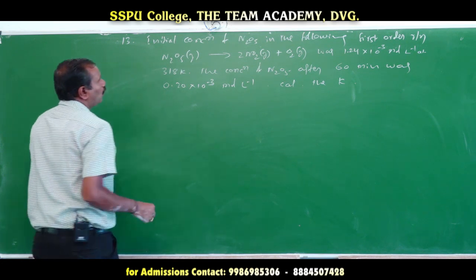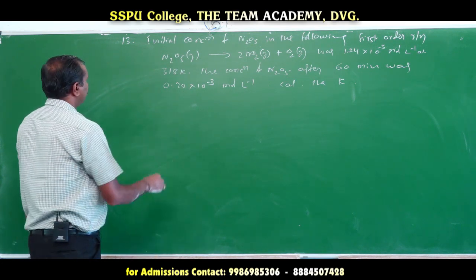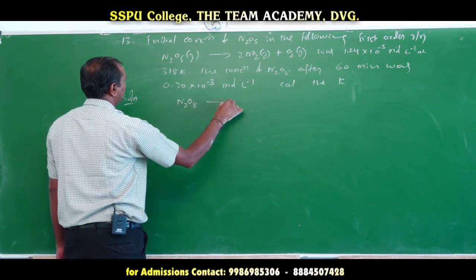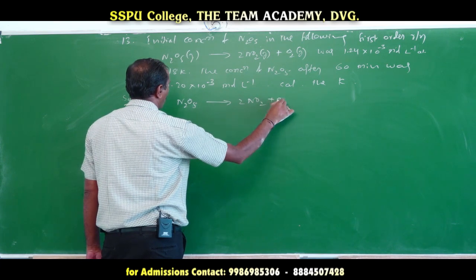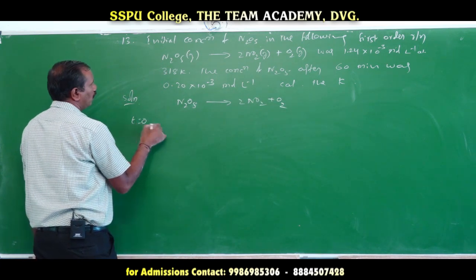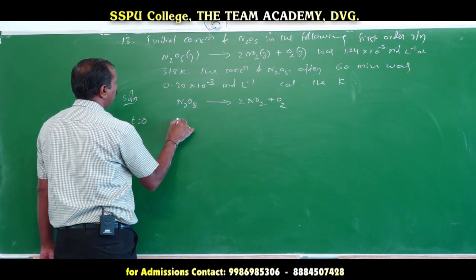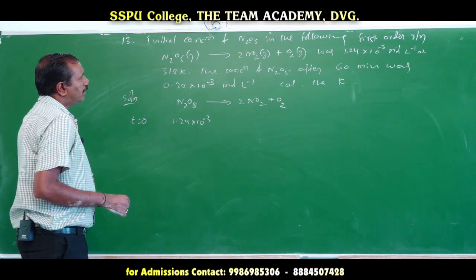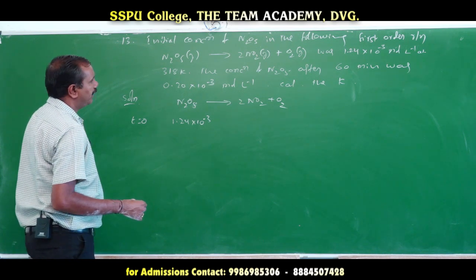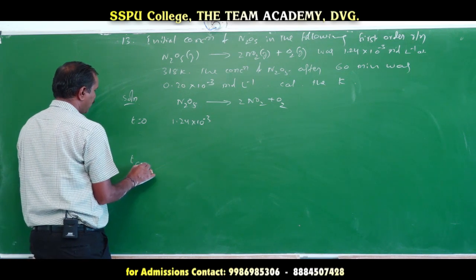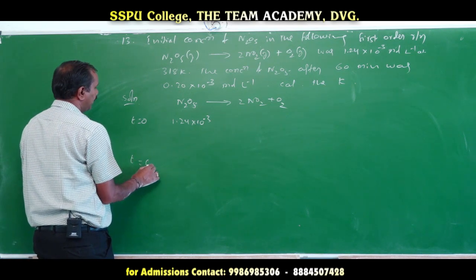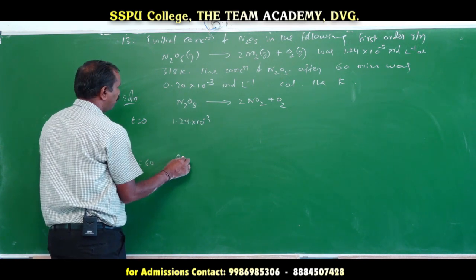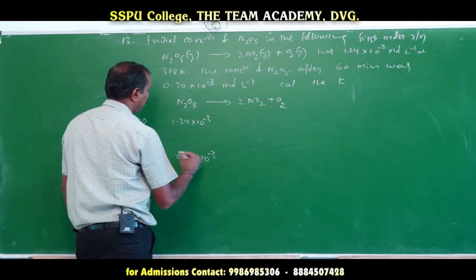Okay. The initial concentration of N2O5 in the following first order reaction is given. N2O5 becomes 2NO2 plus O2. Initial concentration, when t is 0, the concentration is 1.24 into 10 to the power of minus 3. The concentration of N2O5 after 60 minutes: when time is 60, the left over concentration of N2O5 becomes 0.20 into 10 to the power of minus 3.